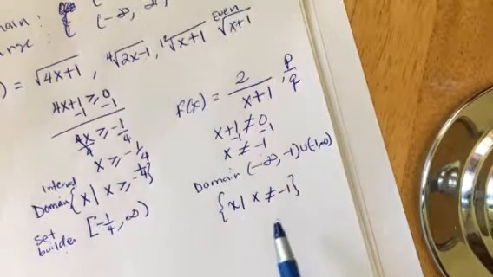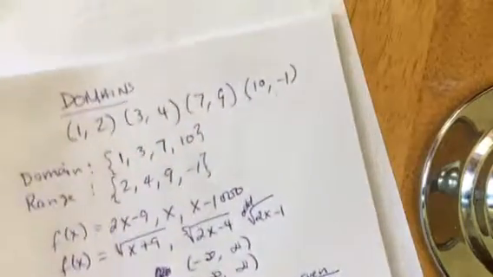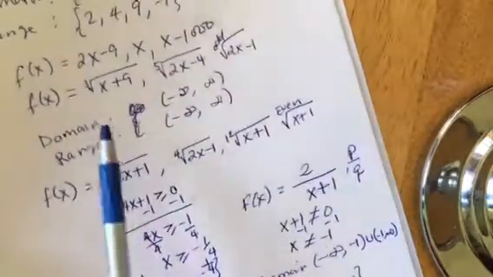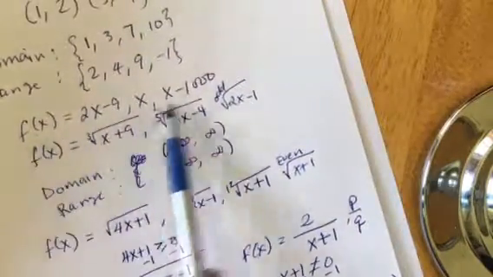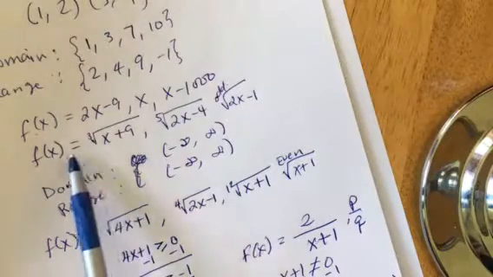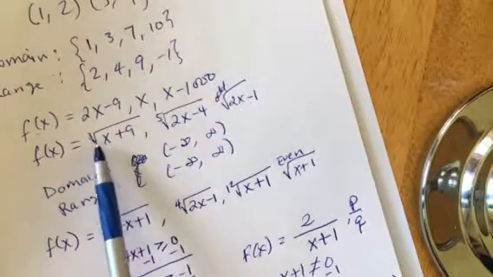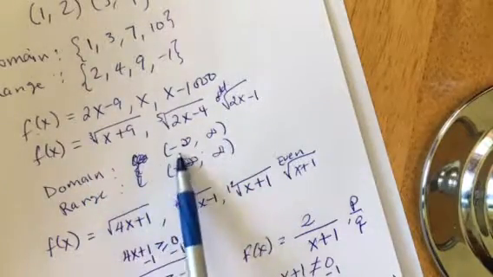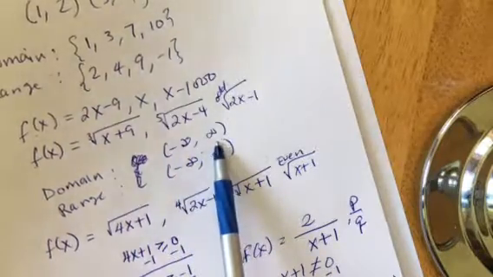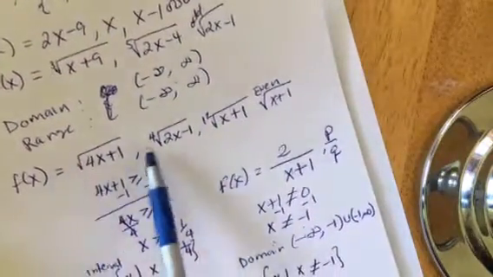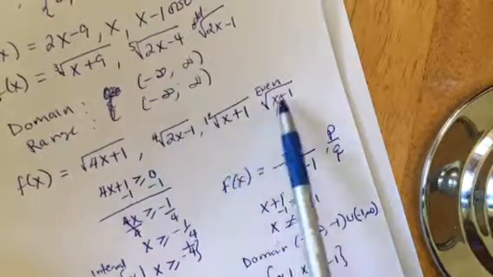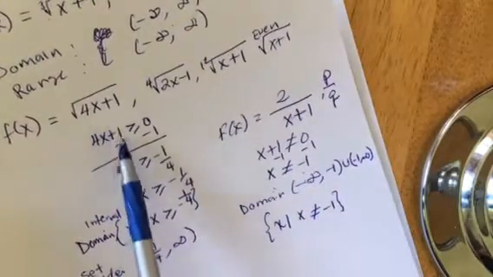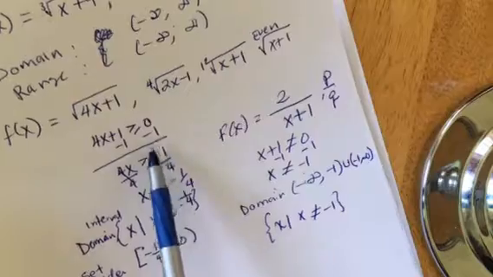So you have this way of finding a domain. If you're given ordered pairs, this is how you find the domain. If you're given any linear function, or any function with a square root, cube root or fifth root where the index is odd, all of them will have a domain from -infinity to +infinity. However, if the index is even, a square root or fourth root or 12th root or any even root, then the approach you take is you take what's inside, set it greater than or equal to 0, and solve it for x.